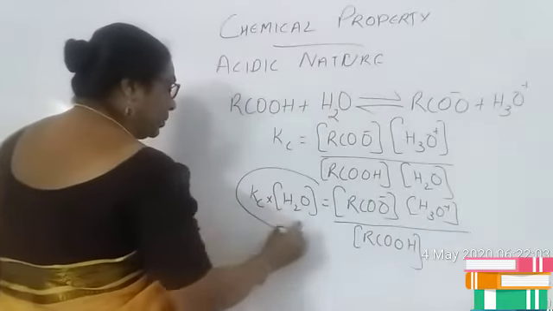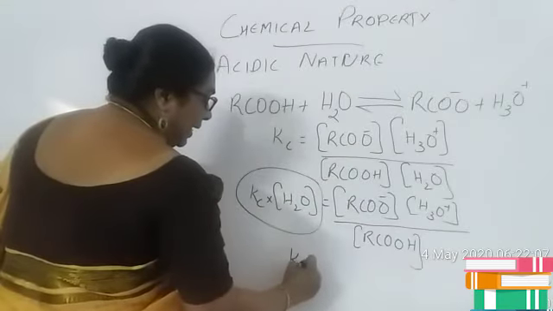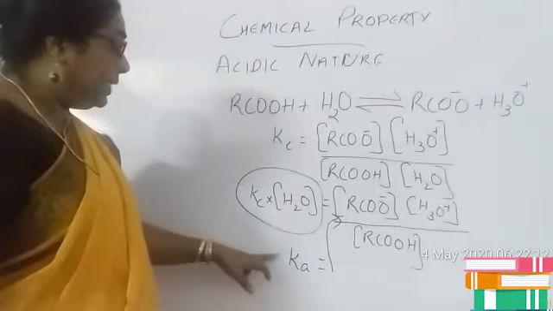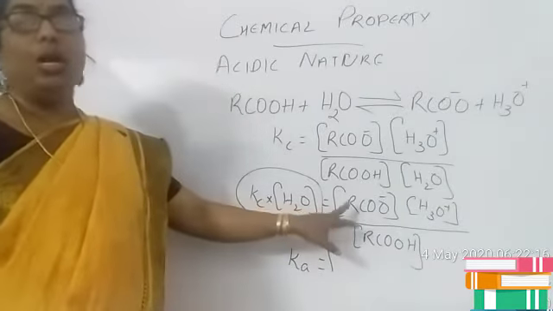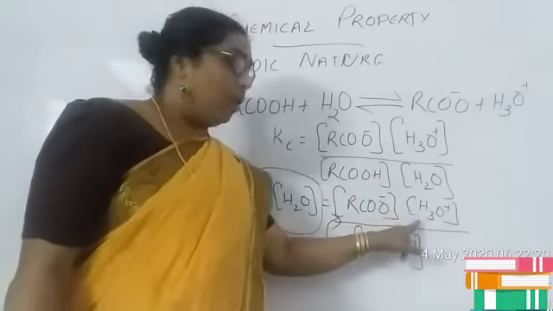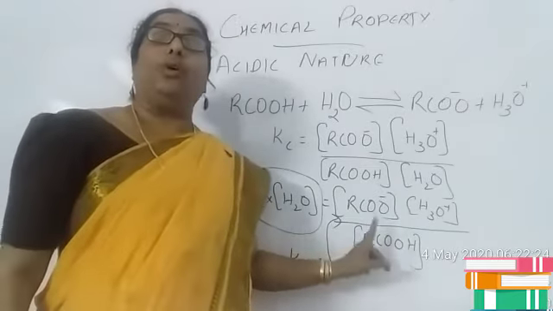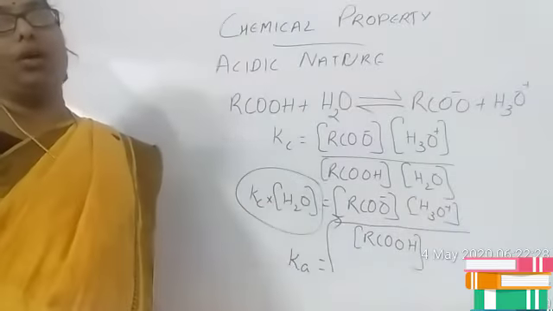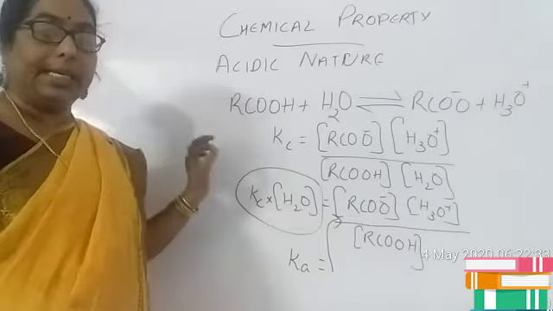Now children, this Kc into the concentration of water, we can consider it as Ka, where Ka is a constant called the ionization constant for acid. Ka is equal to the concentration of RCOO minus into the concentration of H3O plus divided by the concentration of RCOOH. Is it clear, children?